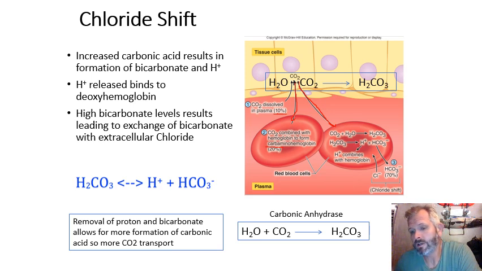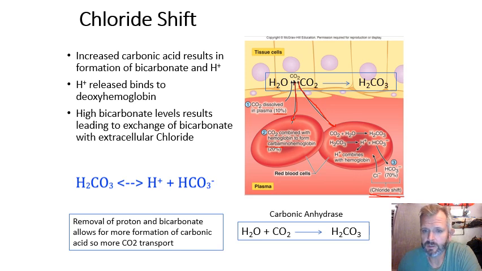Remember, most of the CO2 that is formed is going to be converted to bicarbonate. The process in which this conversion of CO2 takes place in the red blood cells is called the chloride shift, and it takes place at the tissue.